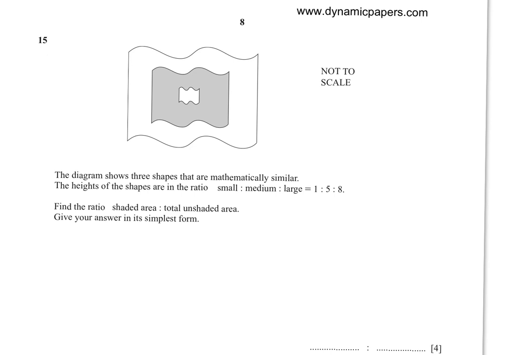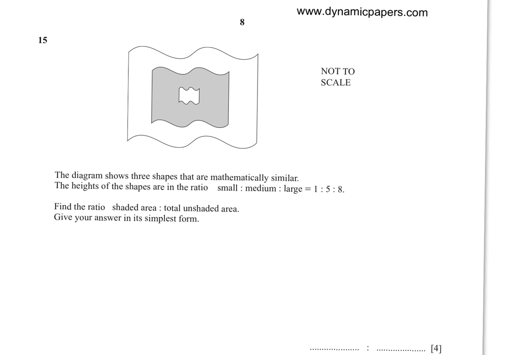Number 15, the diagram shows three shapes that are mathematically similar. The heights of the shapes are in the ratio small to medium to large, 1 to 5 to 8. Find the ratio between the shaded area and the total unshaded area. If we have the ratio between their heights, we can deduce the ratio between their areas because they are similar, so just square.